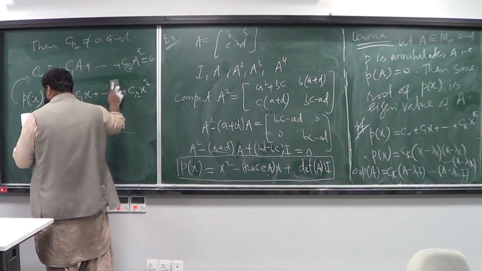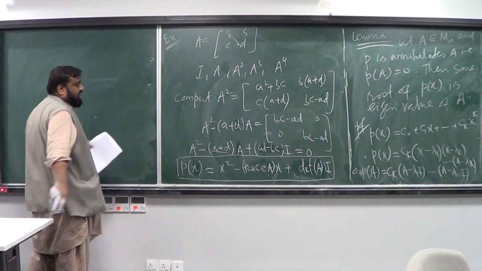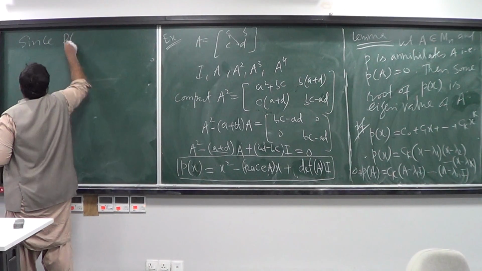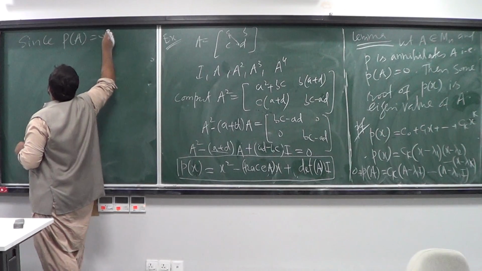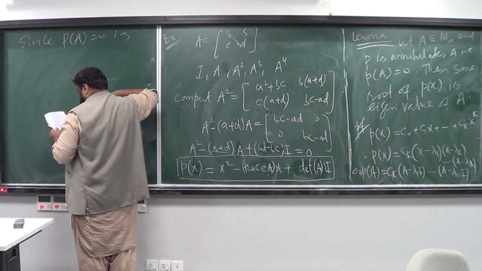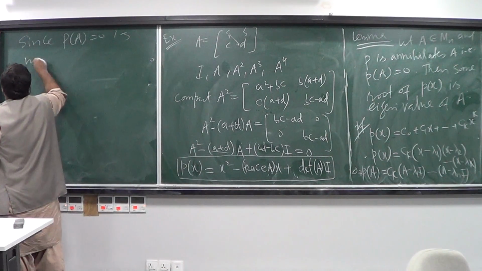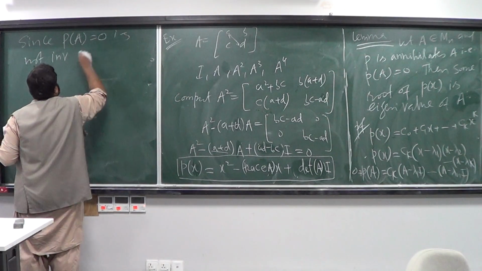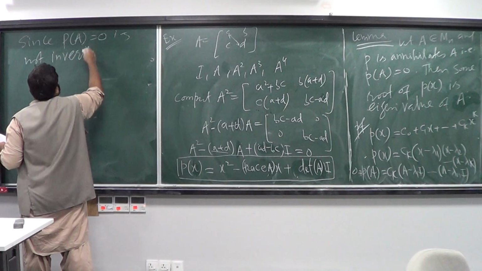Since P of A equal to 0 is not invertible, you can't invert the 0 matrix.